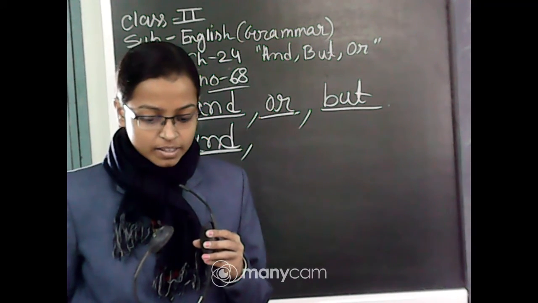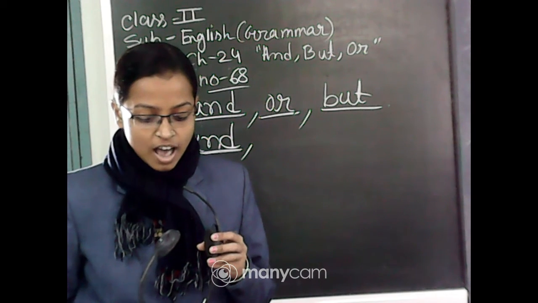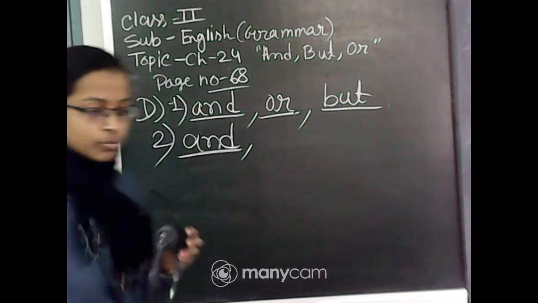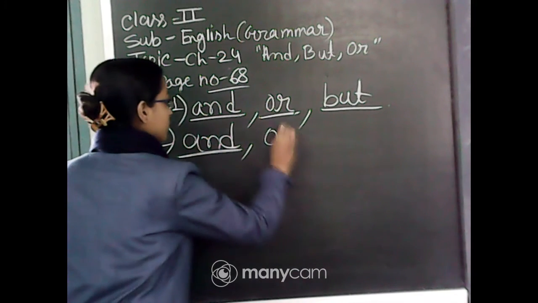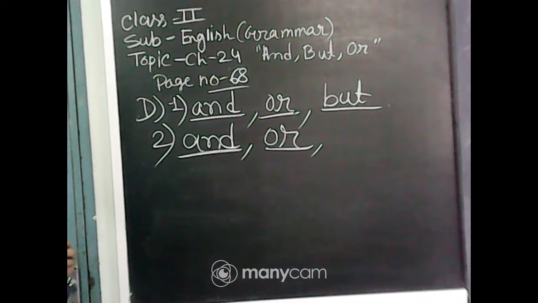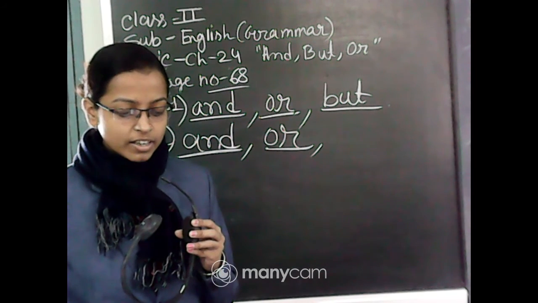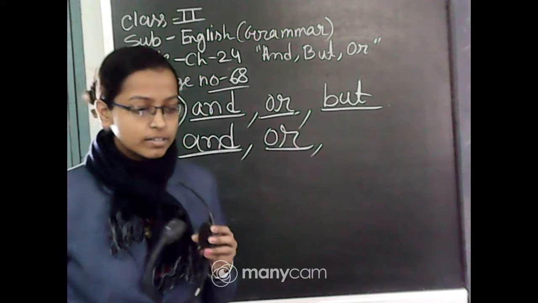One day his mother said to him, you should keep clean dash other children will not play with you. It will be or. Dash Ankit did not listen to his mother. It will be but.